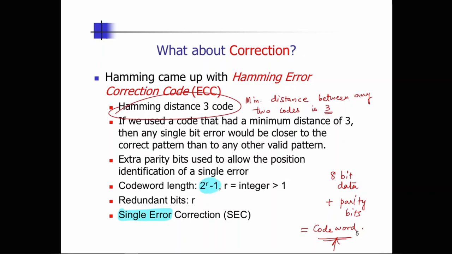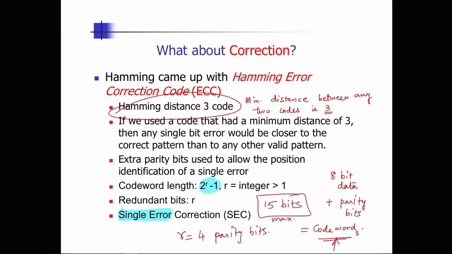So these are the number of codes in a set, where R is the number of redundant bits or the parity bits. If R is the number of parity bits, then the code word length is going to be 2 raised to R minus 1. So for example, if we have R as 4 parity bits, then we can have a code word length of 15 bits, and that's the maximum.